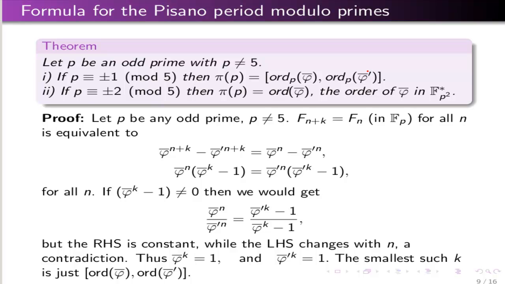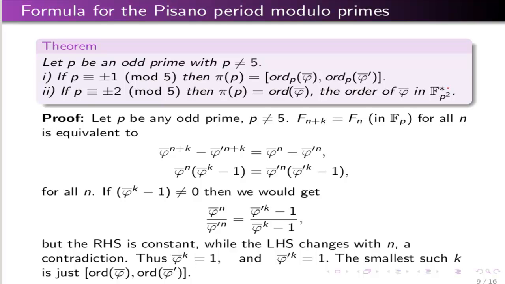If p is congruent to plus or minus 2 mod 5, then the Pisano period is just the order of the golden ratio. But this time we're viewing phi bar as an element of the finite field with p squared elements. So to begin the proof, we just treat any prime that's not equal to 2 or 5.